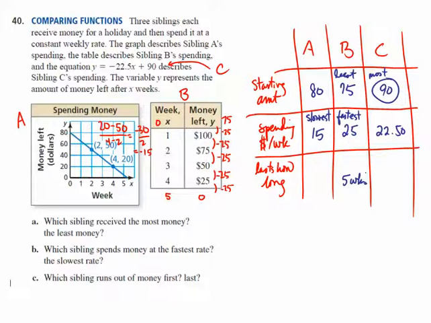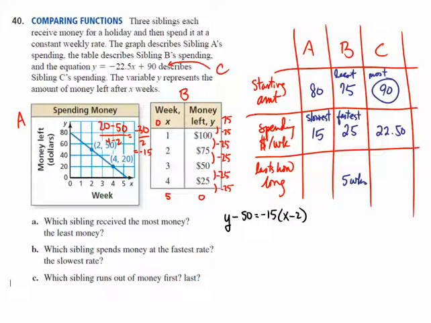All right, now the other two, a little more complicated. We can't tell for sibling A just by looking at the graph, but we know it's more than 5 weeks. What we could do, we have a slope, we have a point, so we're going to create an equation. y minus y1, we'll pick the point 50, equals negative 15 times (x minus 2).